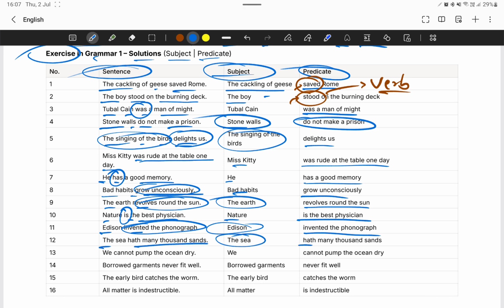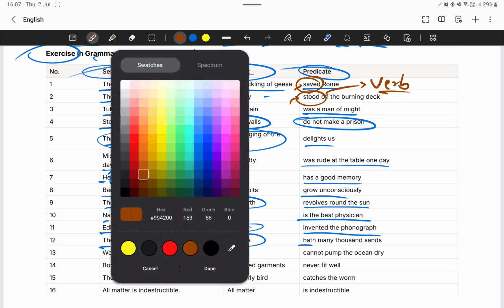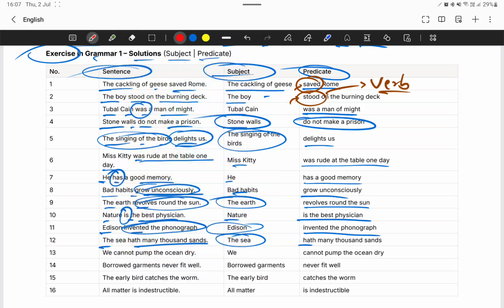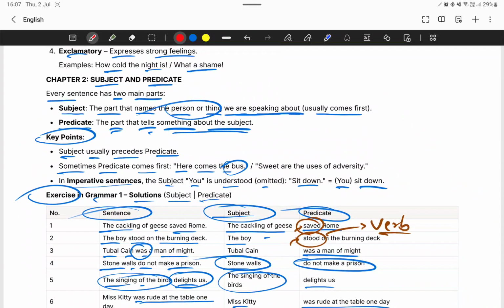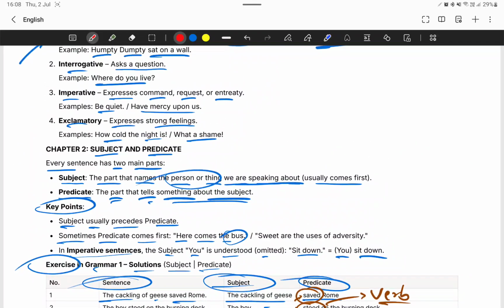The sea hath many thousand sins. The sea hath. I had to understand what is the meaning of hath. So what I'm going to do is, just wait a second. We have two doubts. Hath, what is it? And the one before, we were having about entity.